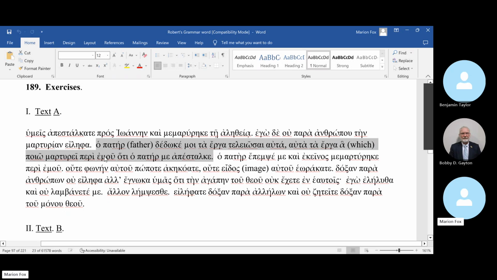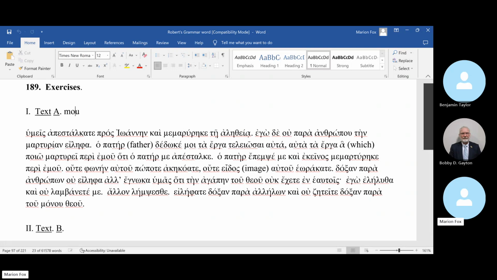The mu and omicron without the epsilon is unemphatic. But if you take the same word as mu with the epsilon, it's emphatic, and it won't be enclitic. It'll have an accent mark on it. So I'm going to type up here what you would see unemphatic, so you can see what I'm looking at here.